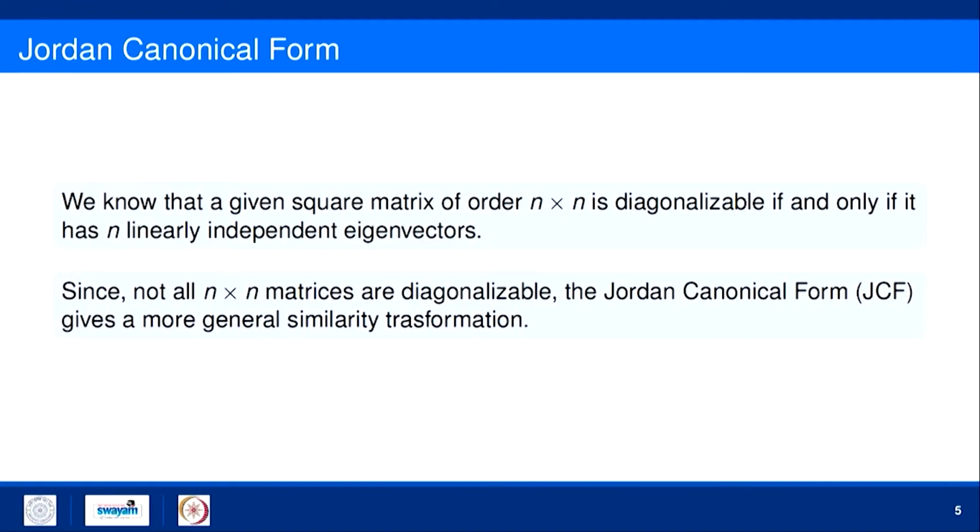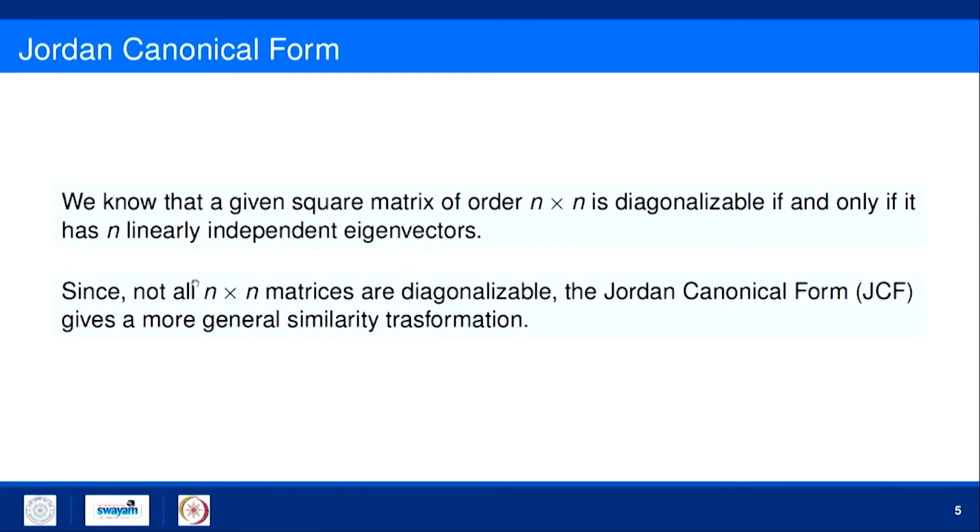However, if this is not the case, meaning if an n by n matrix is not diagonalizable, it has fewer than n linearly independent eigenvectors, then the Jordan canonical form gives a more general similarity transformation.